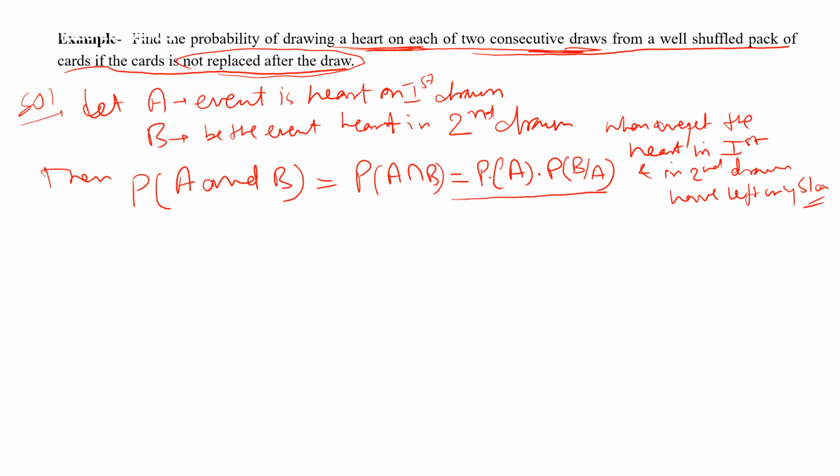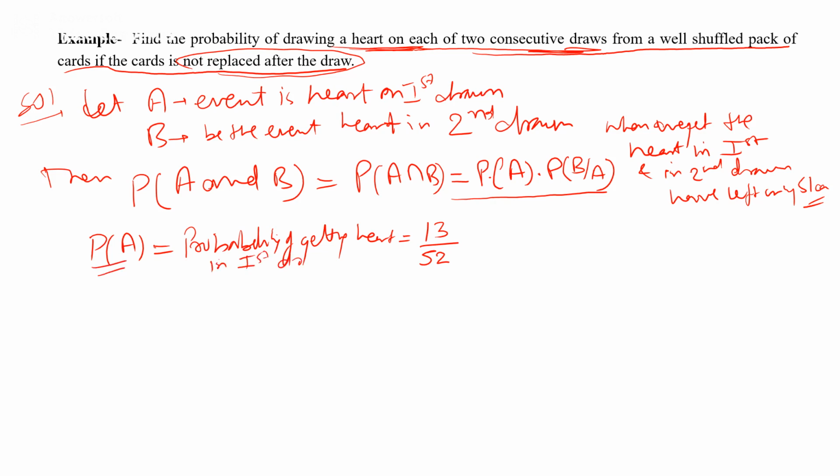So here we find the probability of A, that is the probability of getting a heart out of a pack of 52 cards. There are 13 hearts out of 52. That's the probability of getting a heart in the first draw.